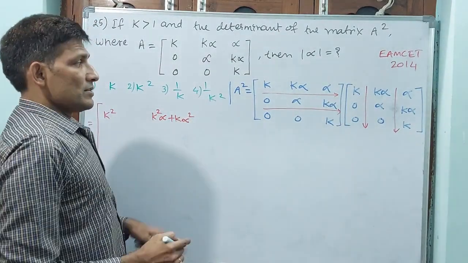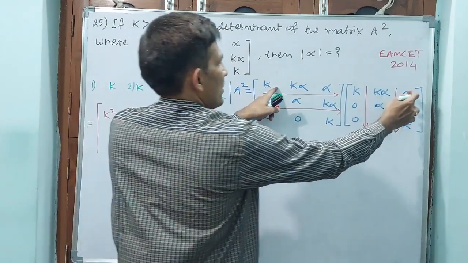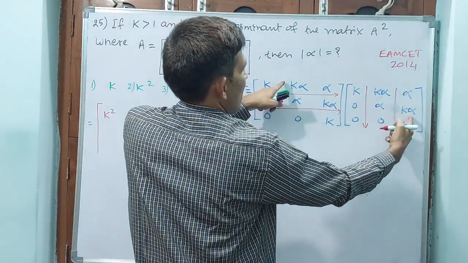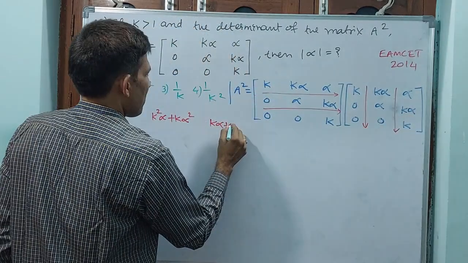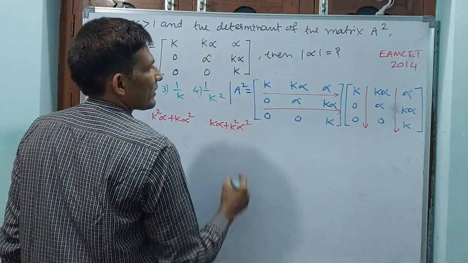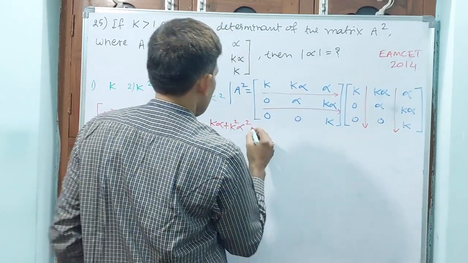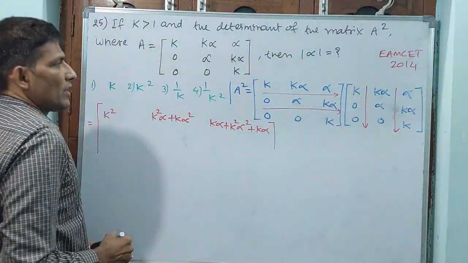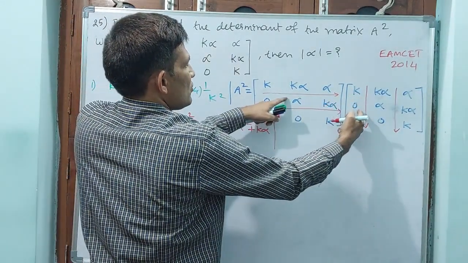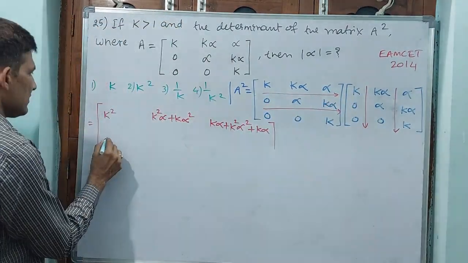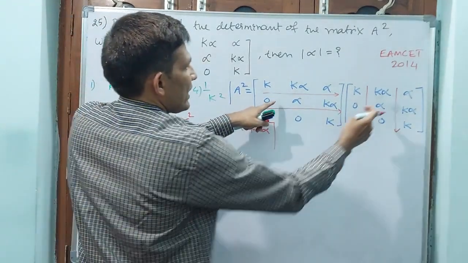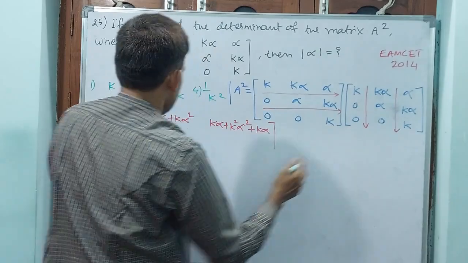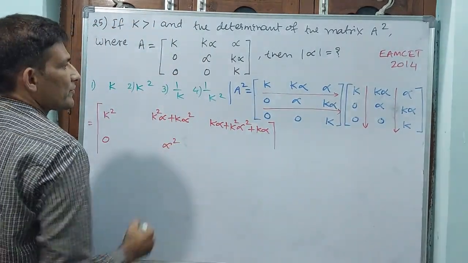Second row also over. Now K alpha, K square alpha square both plus K square alpha square, K alpha plus K alpha. Now for the second: 0 0 0, this is completely 0. Again 0, but alpha square 0, only alpha square is there. Write down alpha square.